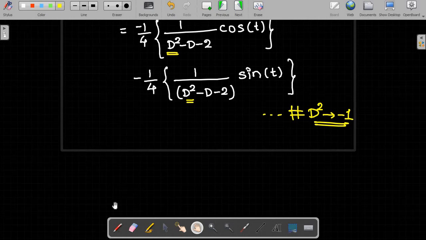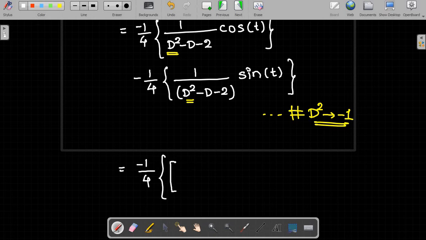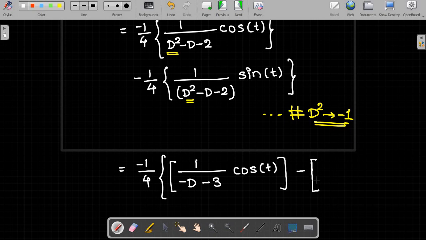So this implies it is equal to minus 1 upon 4 into 1 upon minus D minus 2 minus 1 is minus 3 into cos t. Same is the case with 1 upon minus D minus 3 into sin t.